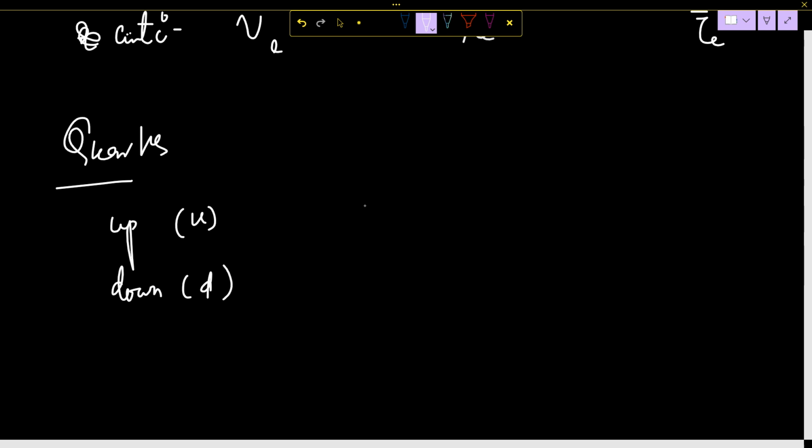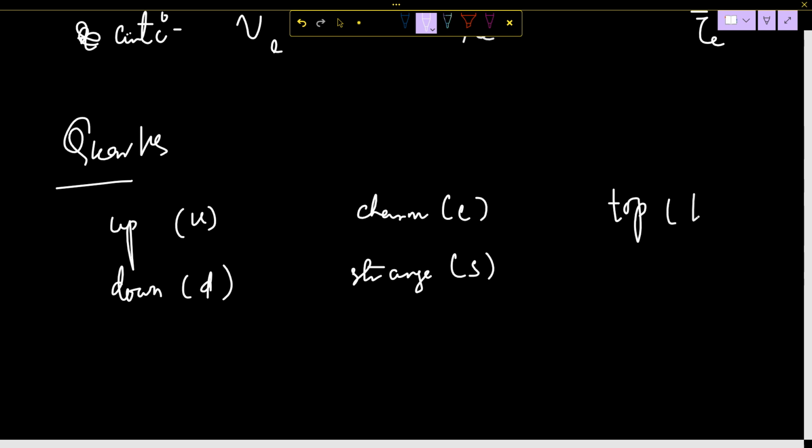Then charm, strange, and then top, T, and bottom.